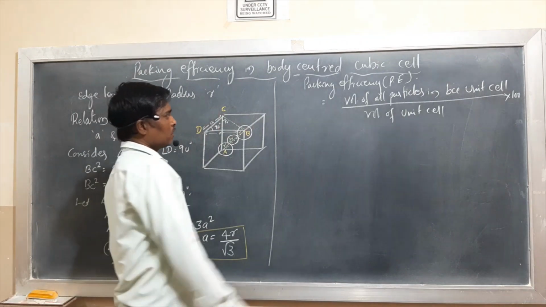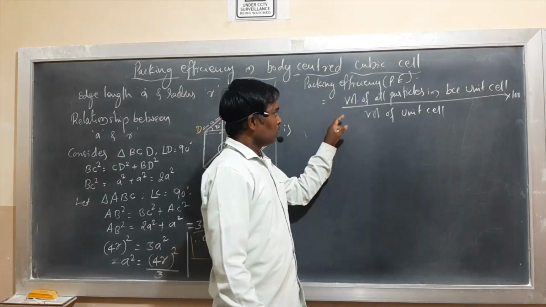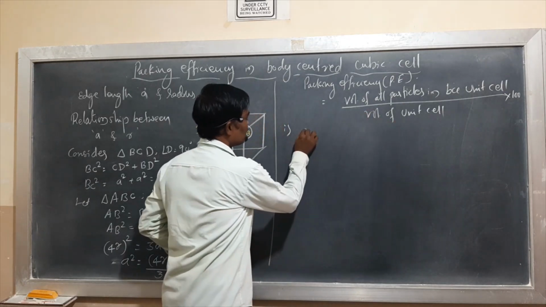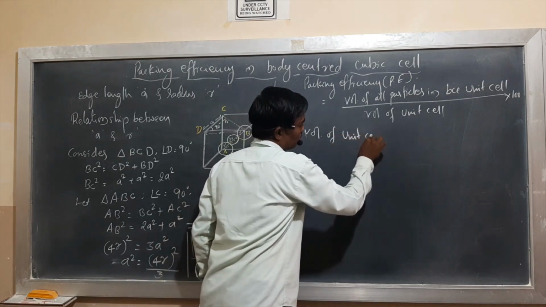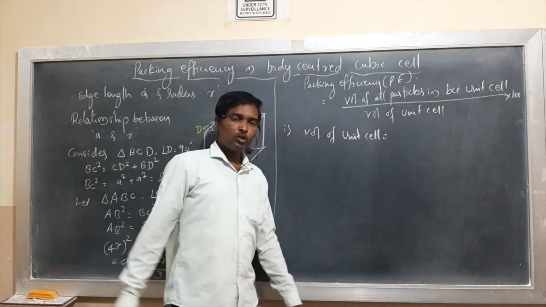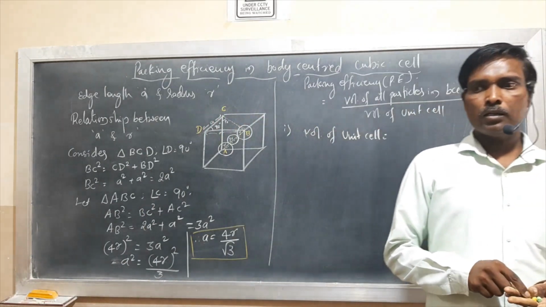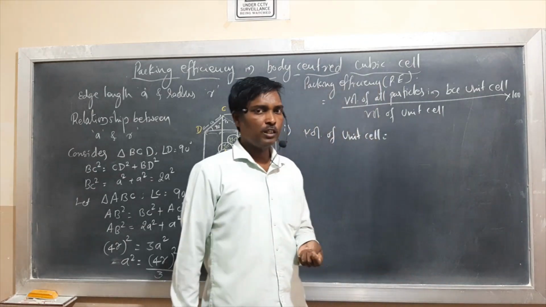First let me calculate the volume of the particles in the unit cell. The volume occupied by the particles is the number of particles present in the unit cell multiplied by the volume of each sphere.